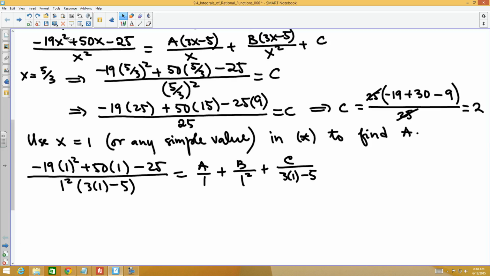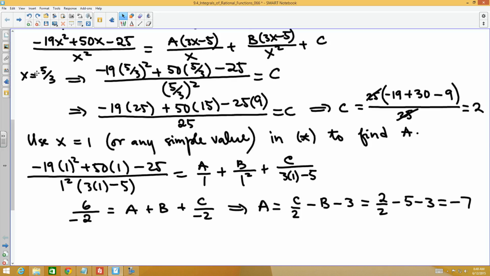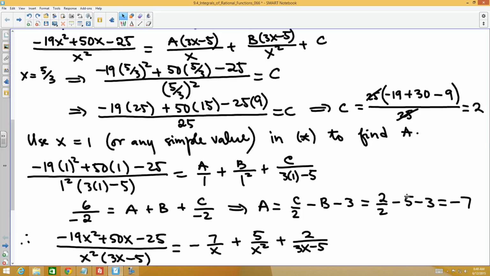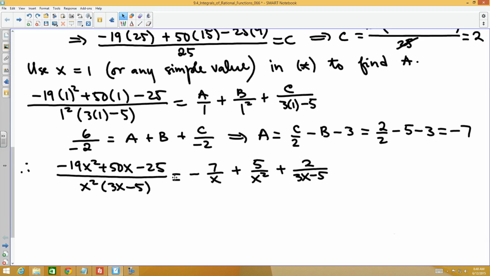So we replace x with 1 in the equation. This is what we obtain. And simplifying, we get 6 over negative 2 equals a plus b plus c over negative 2. And that leads us to a equals negative 7. So that means the integrand is now negative 7 over x plus 5 over x squared plus 2 over 3x minus 5.